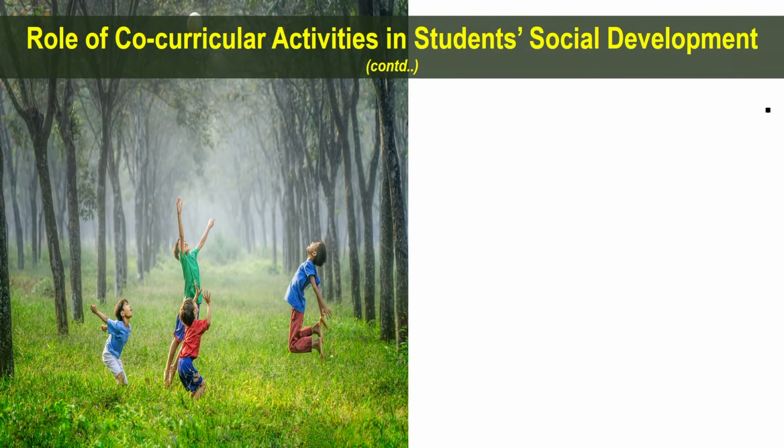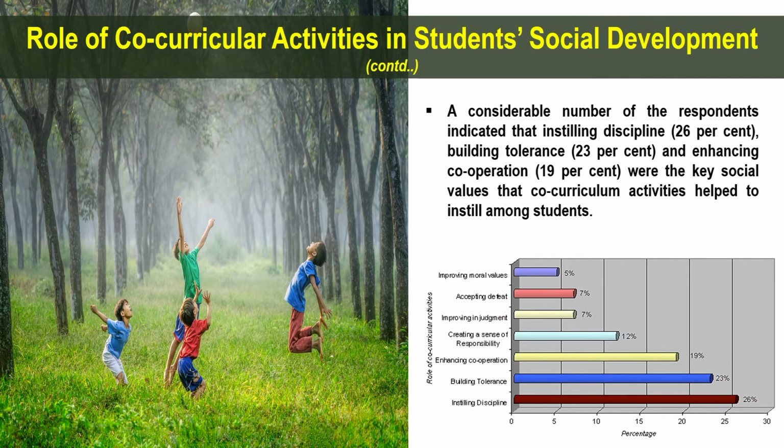So now if you consider the number of respondents, this was the study. It showed that 26% said it instilled discipline, 23% built tolerance, and 19% were very cooperative, and these were the key social values the co-curricular activities helped to instill among the students.